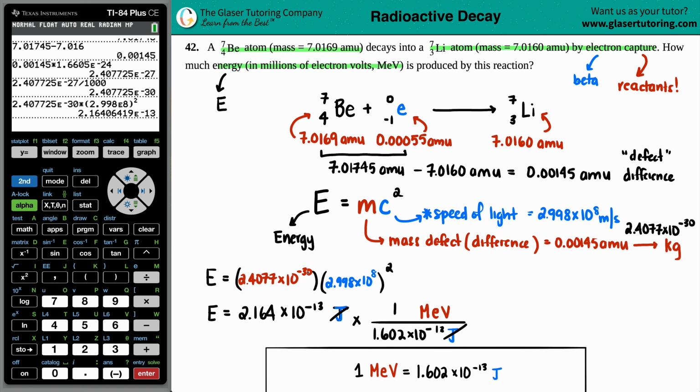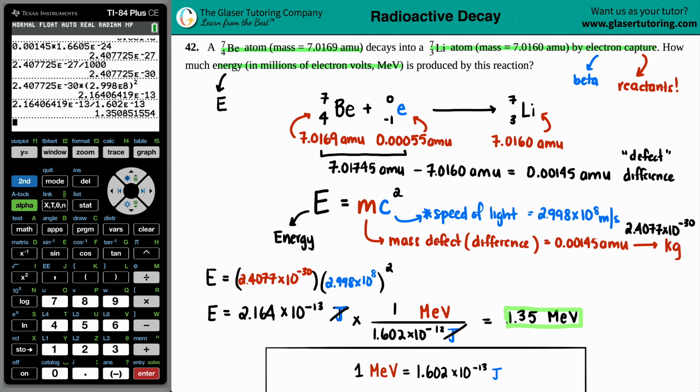This goes bye-bye. And now 2.164 times 10 to the negative 13th divided by 1.602 times 10 to the negative 13th. Okay, so we get 1.35, and that's million electron volts. And that is the final answer.